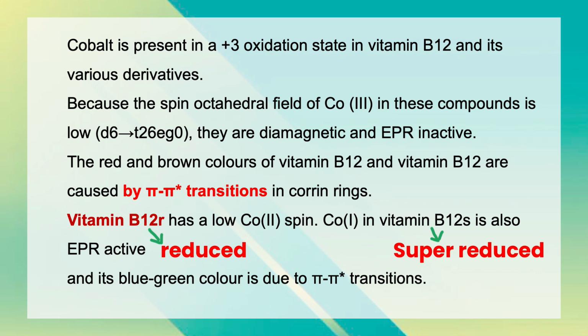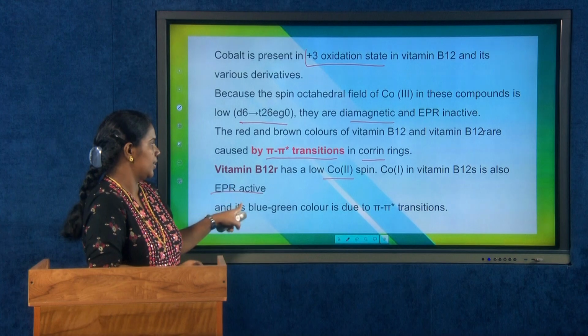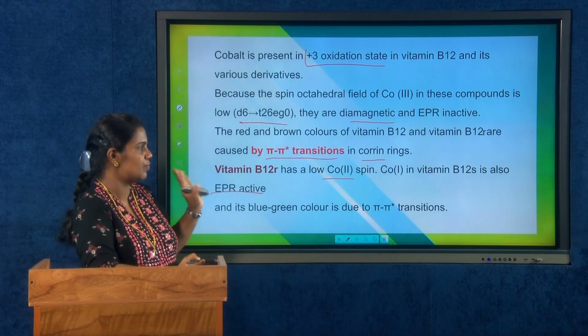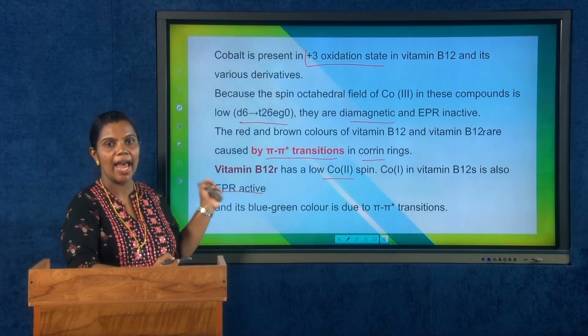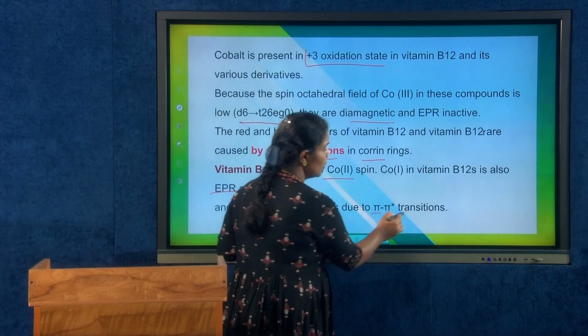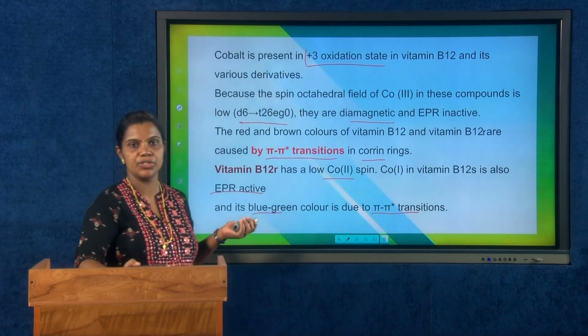Vitamin B12r has a low spin cobalt 2. The cobalt 1 in vitamin B12 is also EPR active, and when the oxidation state of cobalt is 1, it has a blue green color due to pi to pi star transitions.